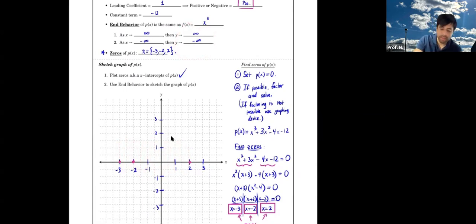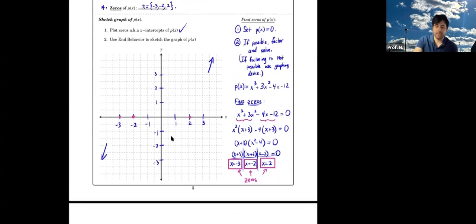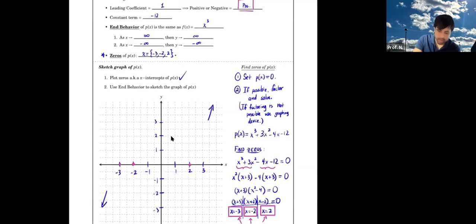So for a fact, I must have something like this: it goes up as you go to the right, and it goes down as you move to the left. This has to happen, right? Then we have to take care of how things look in between with the zeros. I have to use the end behavior.